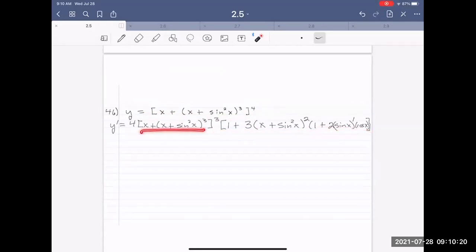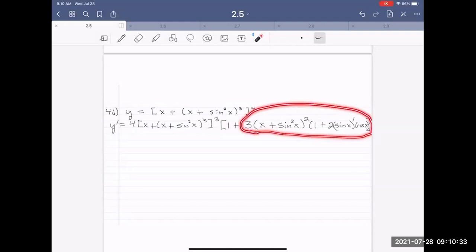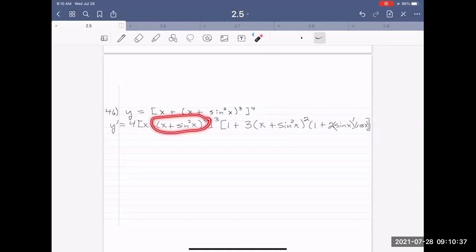So now let's only look at this guy. So it's going to be 1, the derivative of x is 1, plus the derivative of this. So now the derivative of x plus sine squared x, all quantity cubed, is going to be this thing.